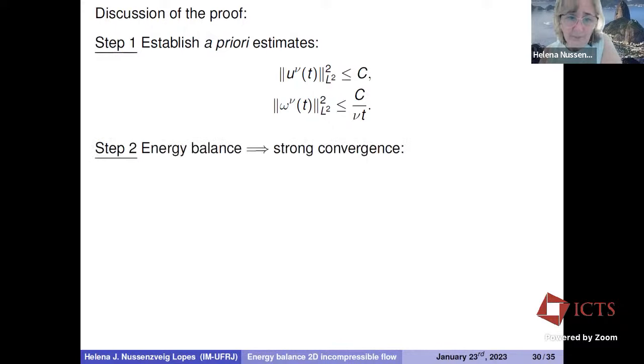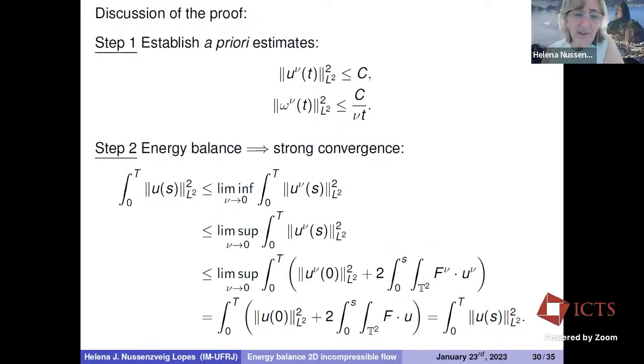Step 2, energy balance implies strong convergence. So this is the proof. You integrate from 0 to t. You look at the L2 norm in time and in space squared of the inviscid flow, and that's because you're assuming that you have a physical realization.